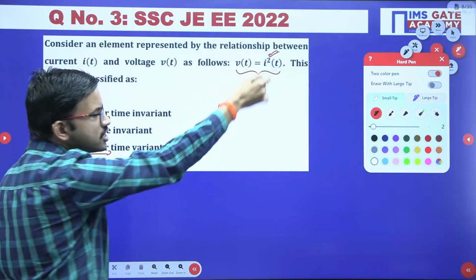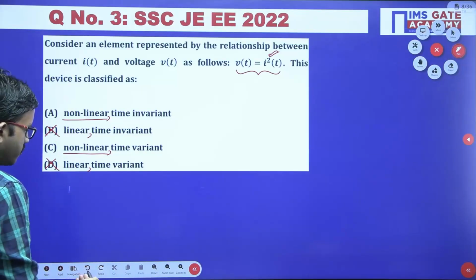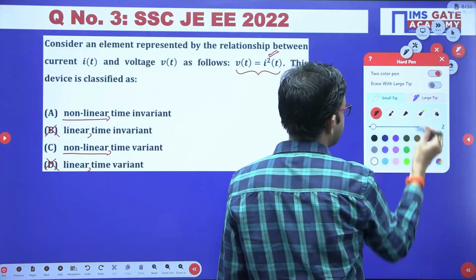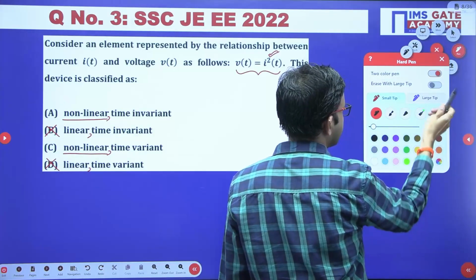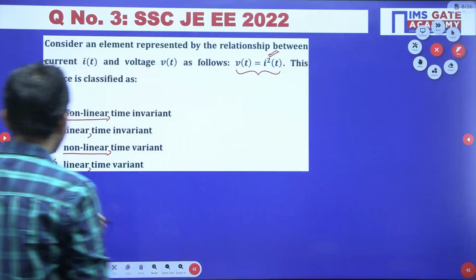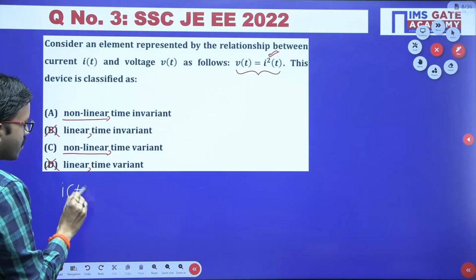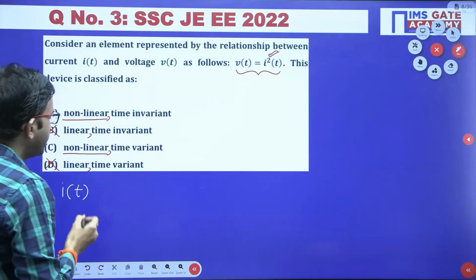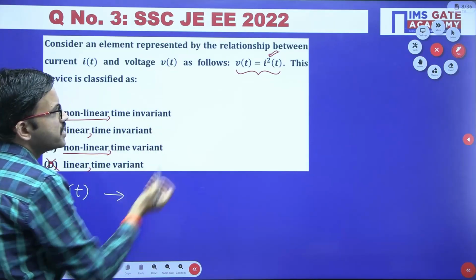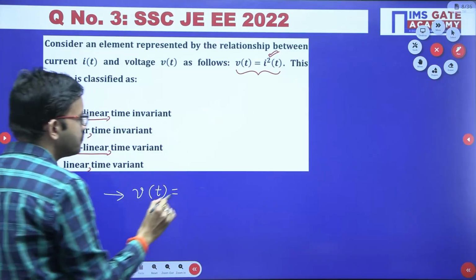When you observe this equation, I of t is the current that you are passing through a particular system. Then you get the output V of t equal to I square of t.